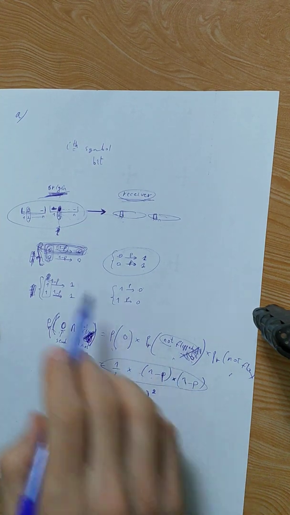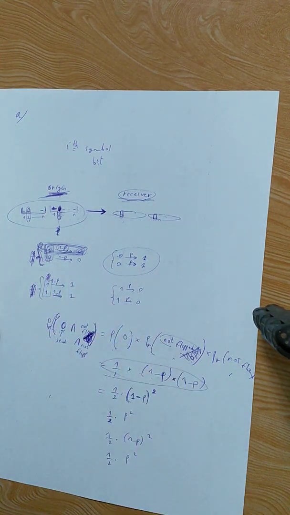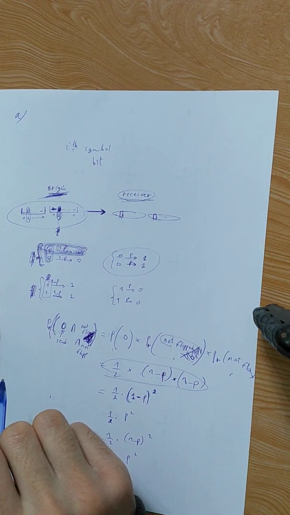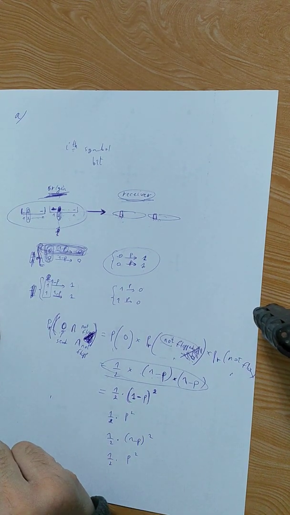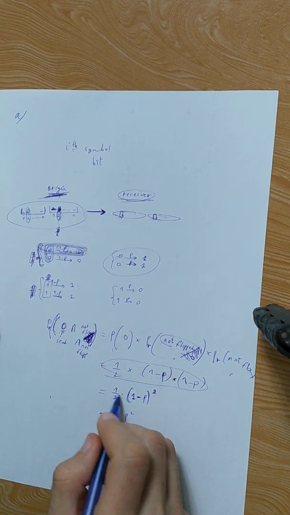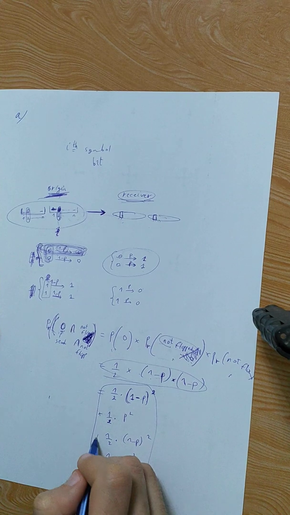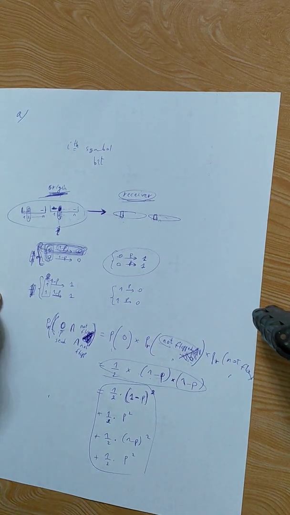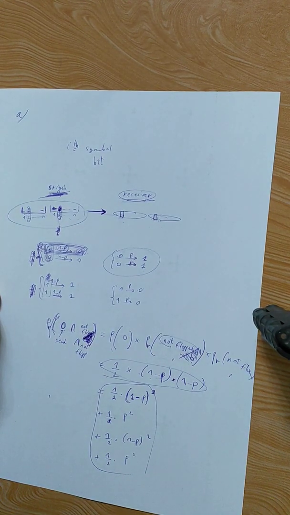Now, we have these four cases. I want to add them all together, plus this, plus that, plus that. But am I missing something here?